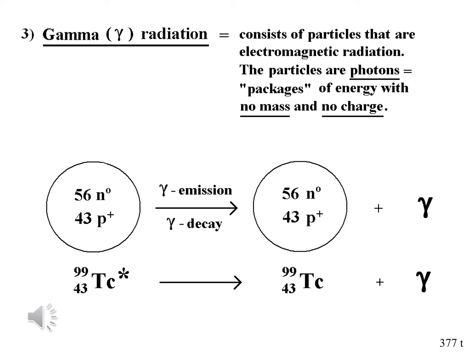Since the gamma particle does not have any mass or any charge, after it comes off, the nucleus doesn't change. This is the only process where you get the same nucleus after as you did before. The thing about it is, though, you still give off energy because the nucleus to start with is in an excited state. They'll show that usually by putting a star or a plus by it. And afterwards, they'll take the star off to show that it's now more stable.